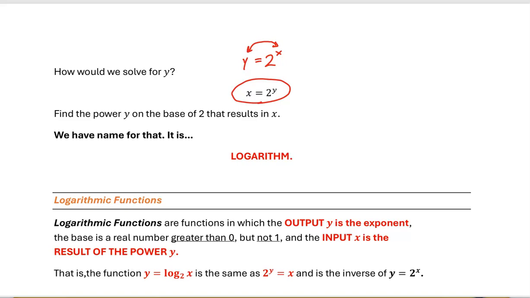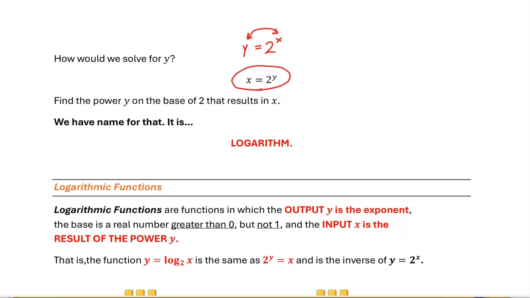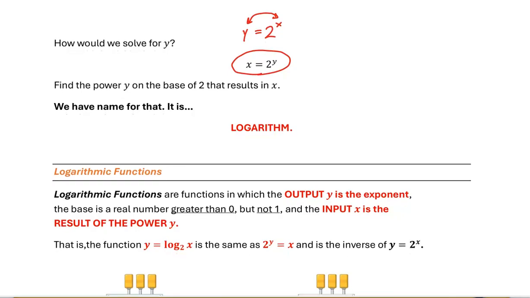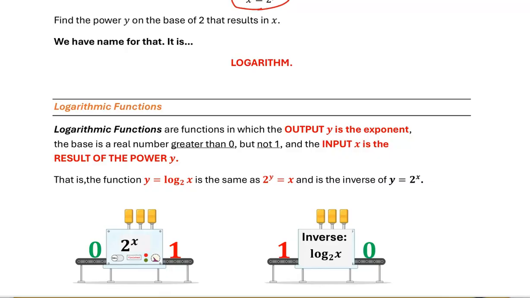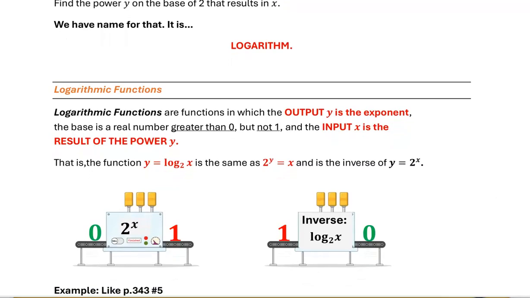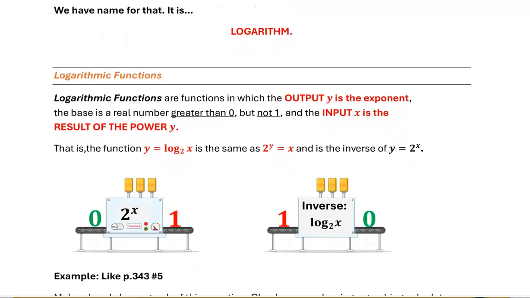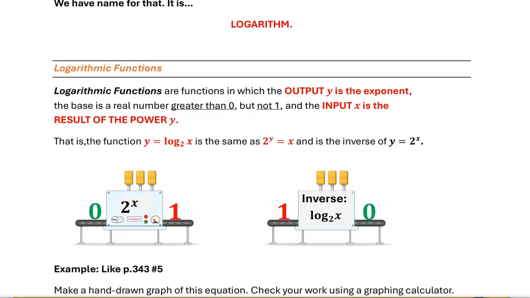You'd have to find the power y on the base 2 that would result in x. The name for that is a logarithm. To figure that out, you need a logarithm. Okay, so that's where the logarithmic function comes from. These are functions, exactly like the one shown at the top of the page, where the output y is the exponent. The output is the exponent.